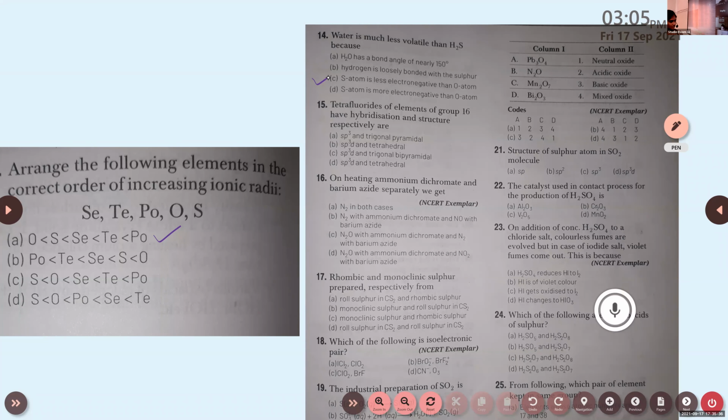Clear? Page number, I didn't find out from the textbook. Just wait.